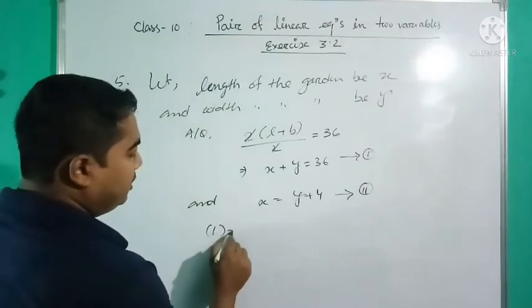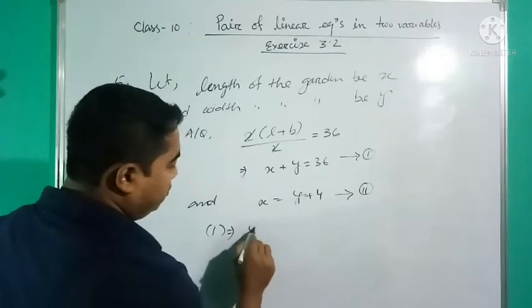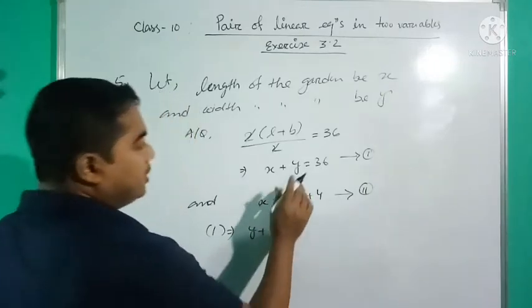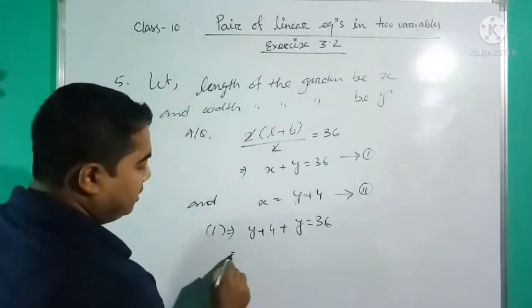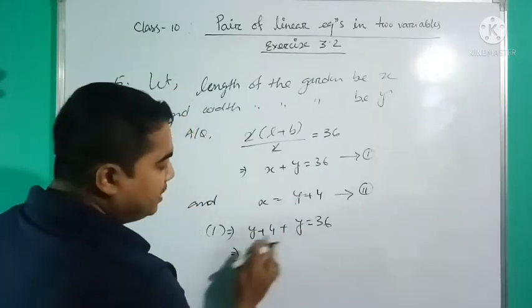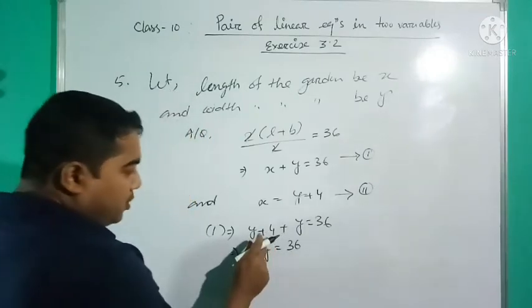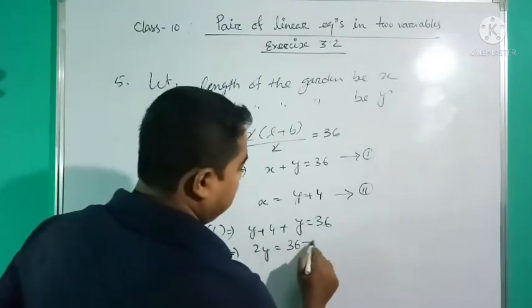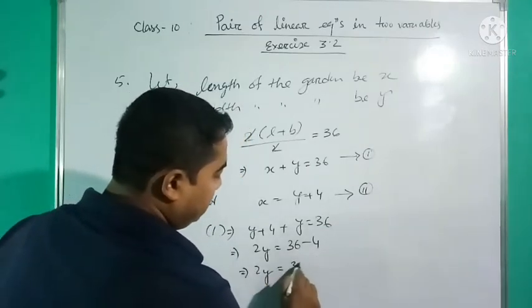Next, equation 1 implies, we can substitute x as y plus 4, so y plus 4 plus y equals 36. Next, y how many times? 2 times, y plus y is twice y, and 36 minus 4, transferring the 4 to the right side, so twice y equals 32.